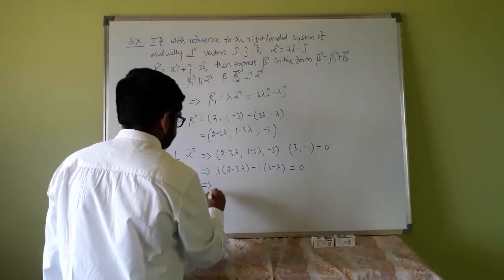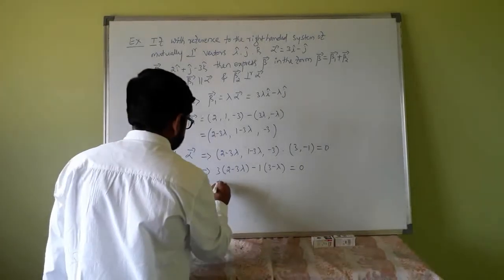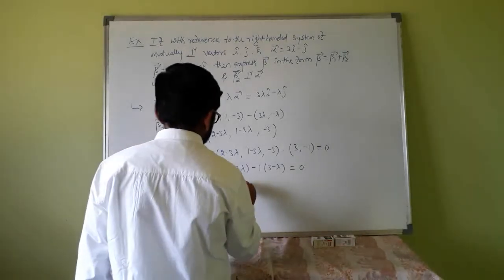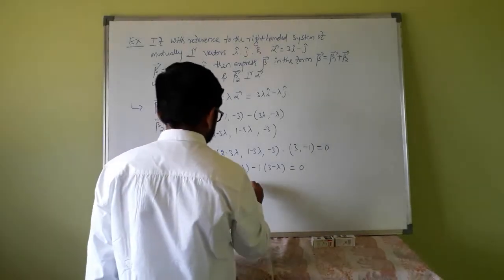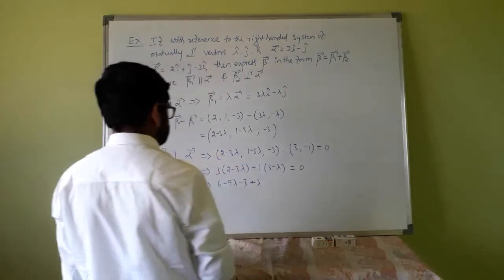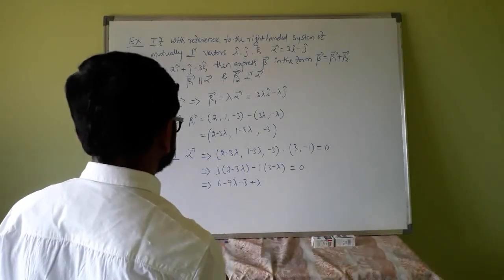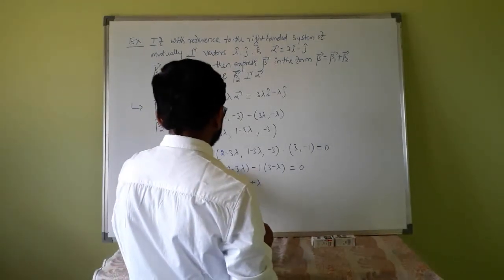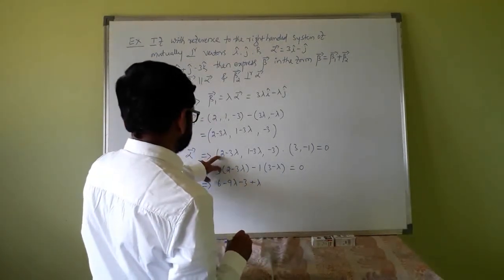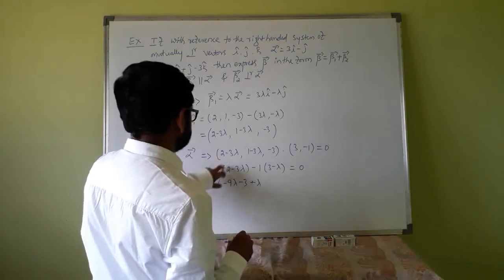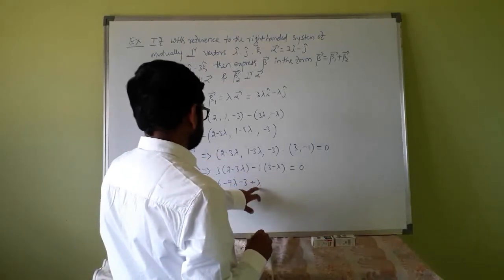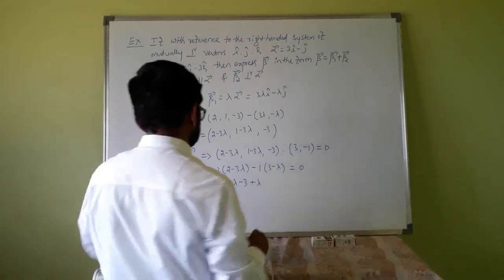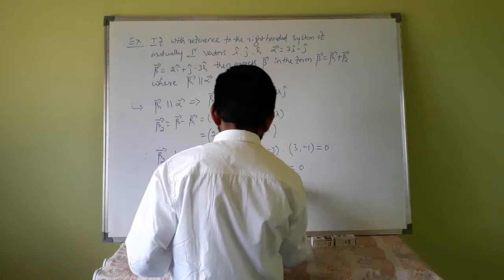That implies 6 minus 9 lambda minus 3 plus lambda, isn't it? 6 minus 9 minus 3 plus lambda is equal to 0.